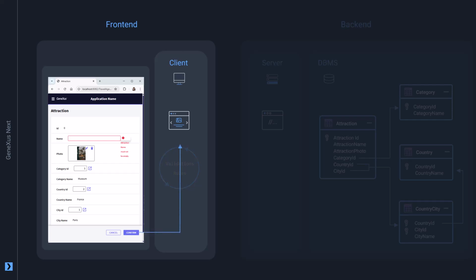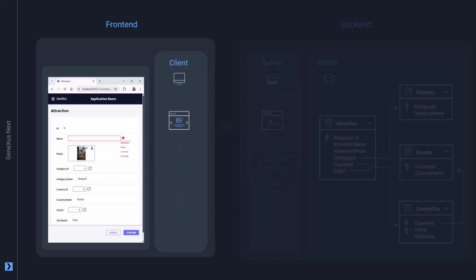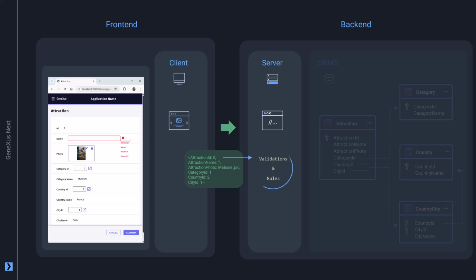When the user confirms, everything that has been running on the client will run again on the server in the same order. Let's take a closer look. On confirm, the front end sends to the back end all the data entered by the user, and the back end goes through each field one by one, triggering the validations and rules again.